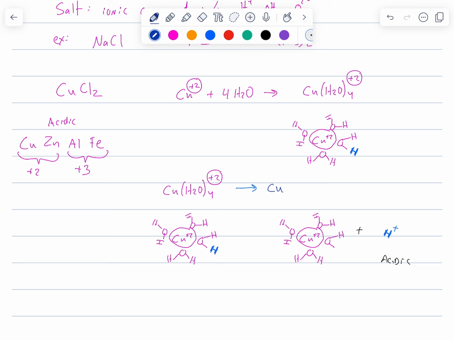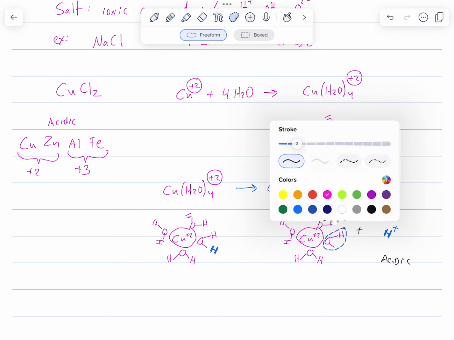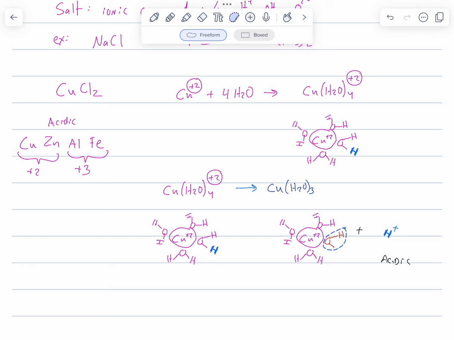Well, there's still copper. There's no longer 4 waters. There's now 3 waters that are complete. But the fourth one, the one that broke, let's make that a different color to stand out. That is not a water anymore, so that's why there's not 4 waters.